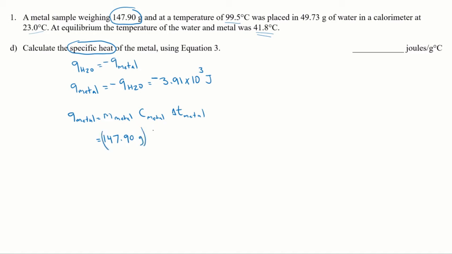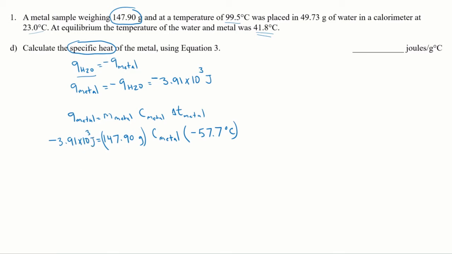We don't know what the specific heat of the metal is, so I'm just going to keep this C of the metal. We already calculated the delta T of the metal in part B of this question, and this was a negative value. It was negative 57.7 degrees Celsius. And because I already know what Q of the water is, I know what Q of the metal is. It's the same in magnitude, but opposite in direction, so it's negative 3.91 times 10 to the 3 joules.